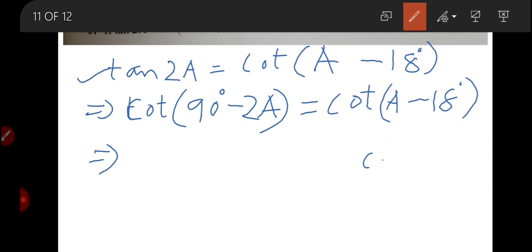Because cot(90 degree minus A) equal to what? Tan A, this we know. So here tan 2A is there, so cot(90 degree minus 2A). Understood?